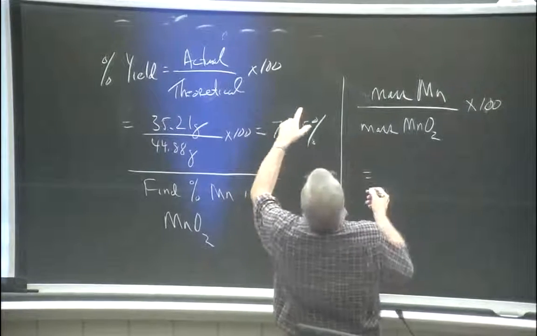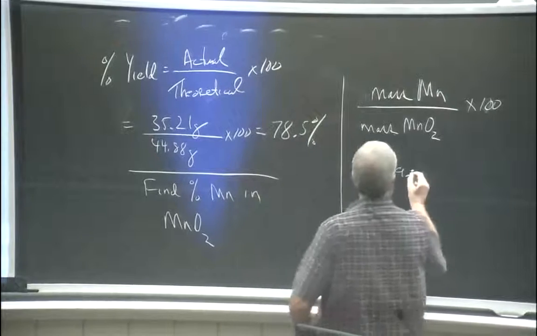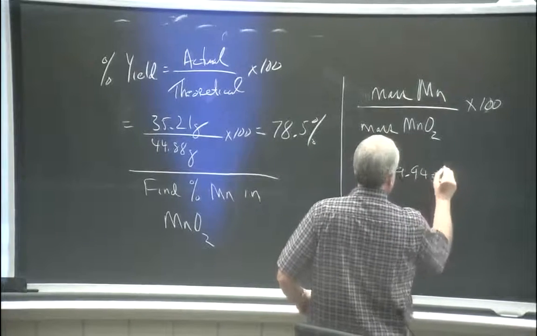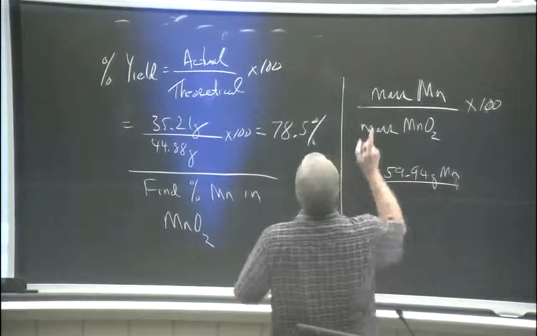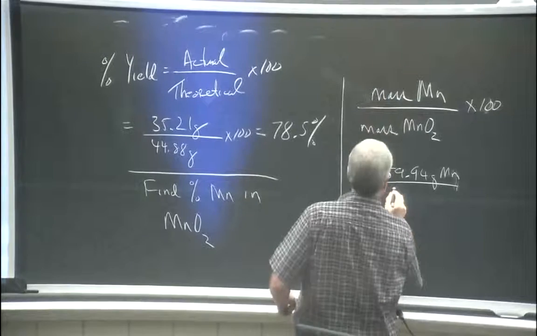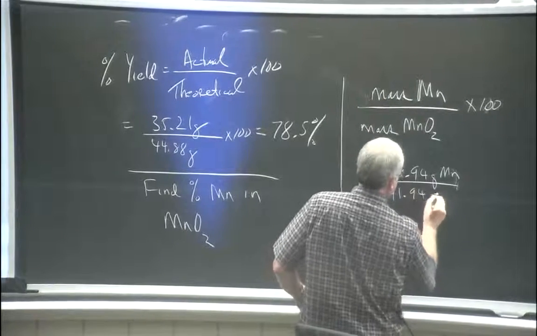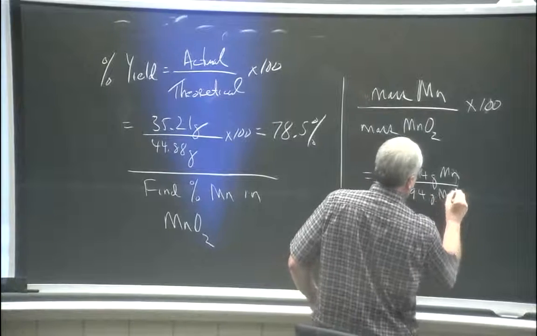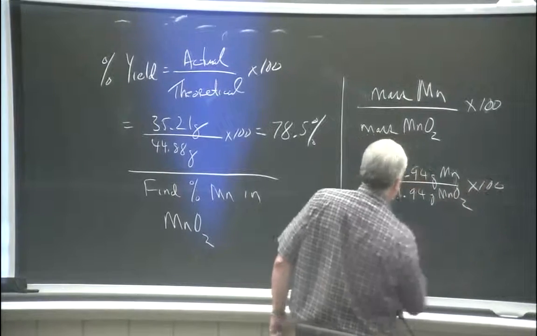Okay, so let's see, that's going to be 59.94 grams of manganese over 91.94 grams manganese(IV) oxide, times 100.